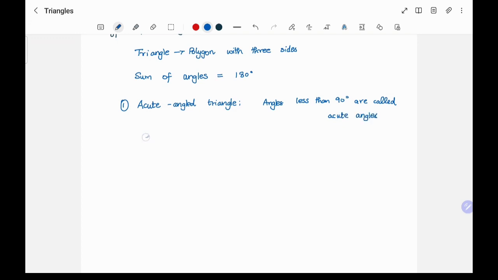So in a triangle, let's say this is represented by a triangle, if all three angles are less than 90 degrees, then it is called an acute angle triangle.